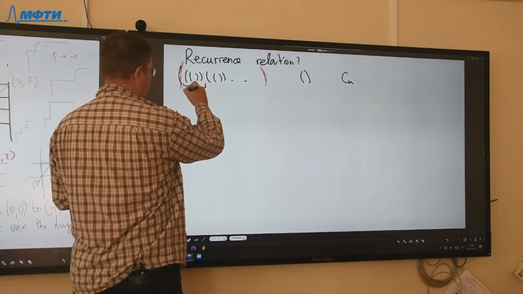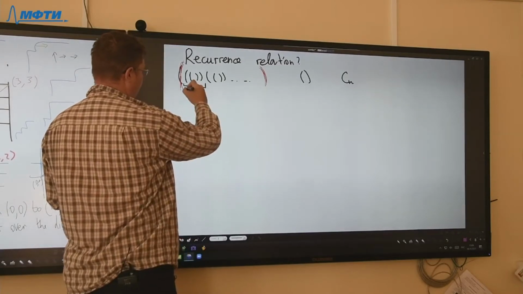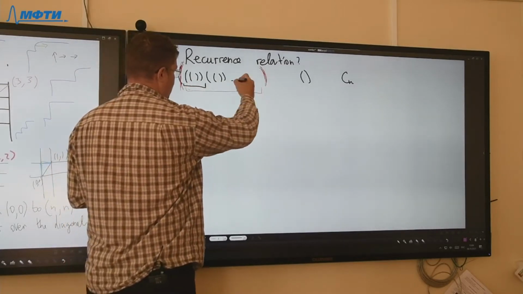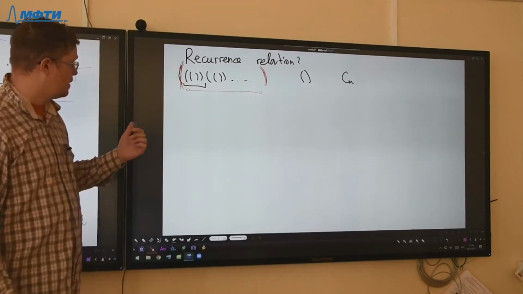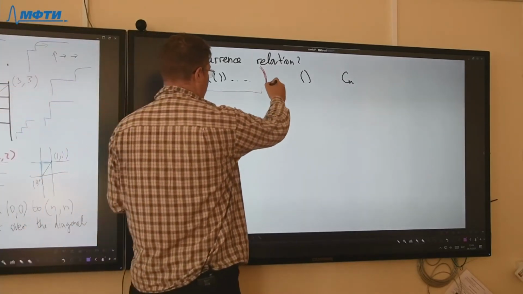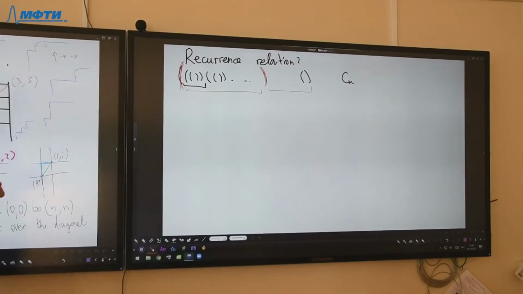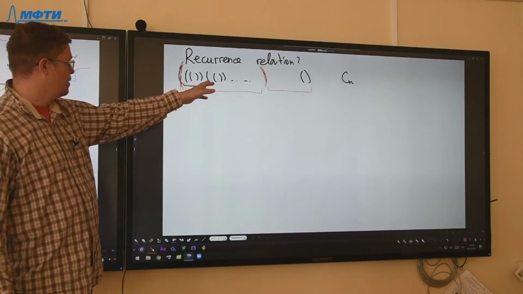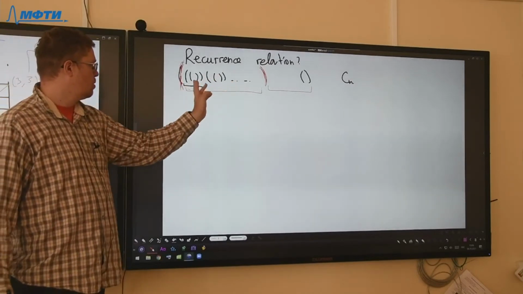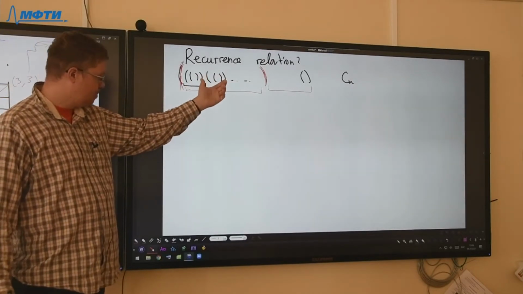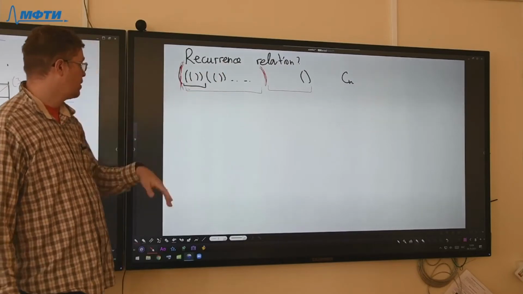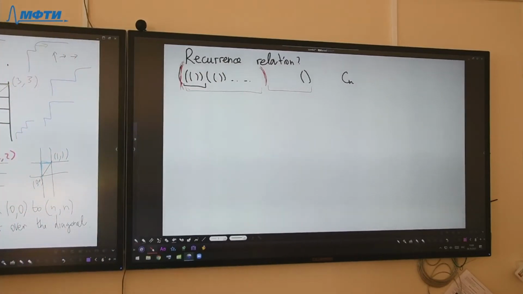If you look at the sequence inside this bracket and the sequence outside this bracket, each will be a correct sequence of brackets, in terms of for each open bracket inside these red brackets, there will be corresponding closing brackets.